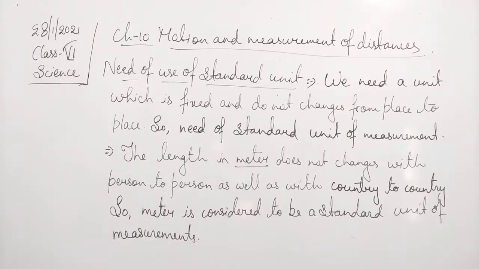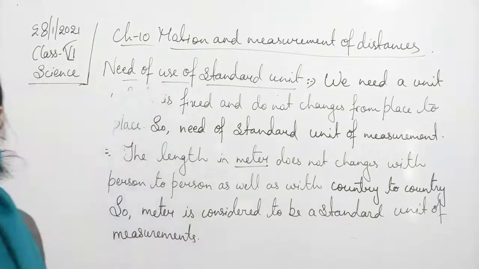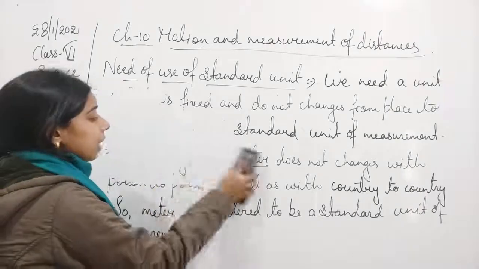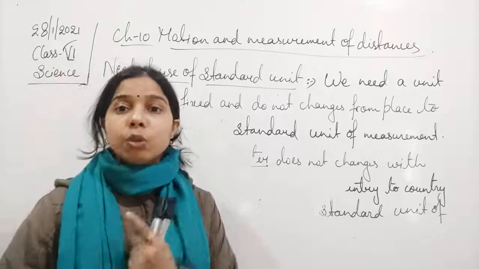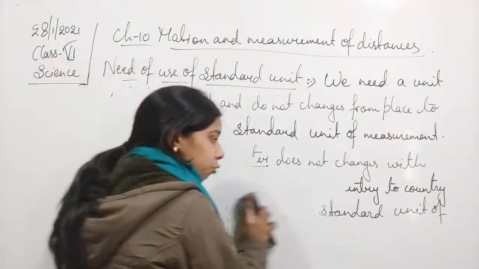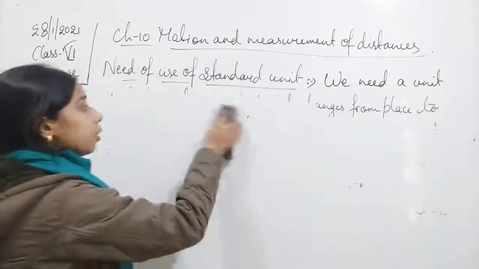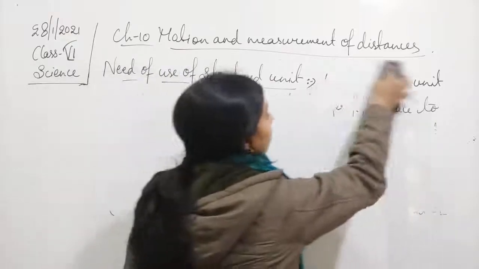Now, before we go further and try to understand the next topic, let us see that in every measurement, there are two parts present. The first part is the number itself and the second part is the unit in which you have measured that number.